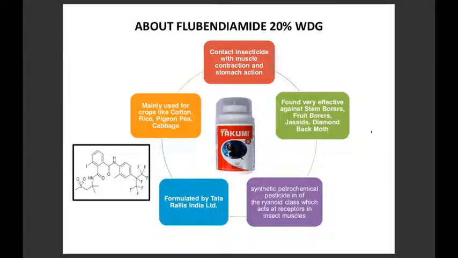And here I have also put the molecular diagram of this insecticide. We can see that cyclic structures are there because phenolic benzene rings are there.